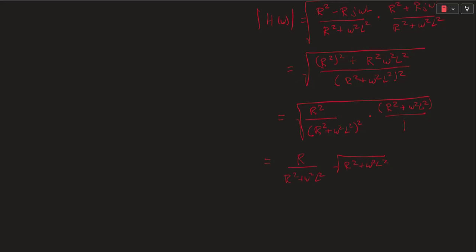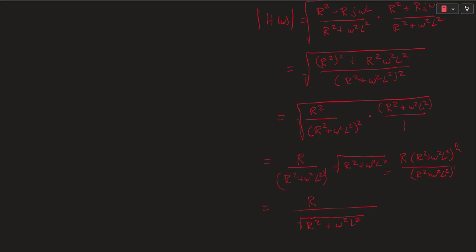And now you'll notice those two things are the same, so that's the same as R over R squared plus omega squared L squared to the 1/2, over R squared plus omega squared L squared to the first. If I subtract exponents, I get a 1/2 in the denominator. So R over the square root of R squared plus omega squared L squared.